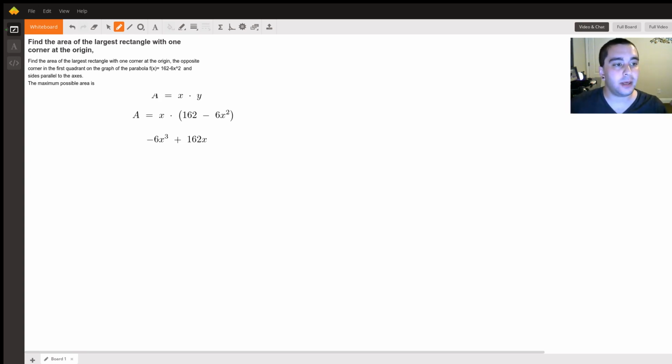In the first quadrant where x is a positive number, it's decreasing very rapidly by that x cubed term, but also increasing slowly by that 162x term.